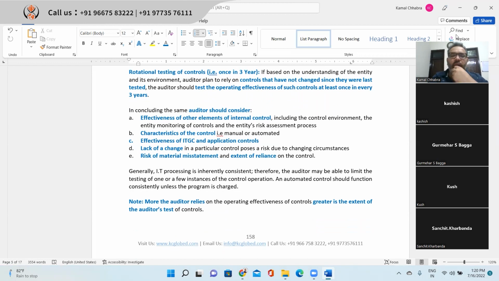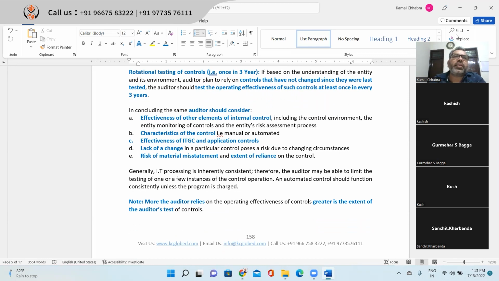Okay, so rotational controls are those controls in which there is no change period over period, or no change from the last time you tested. For example, in an audit, you have identified 100 controls to be tested, relating to purchase, sales, expenses, assets, liability, payroll and everything.